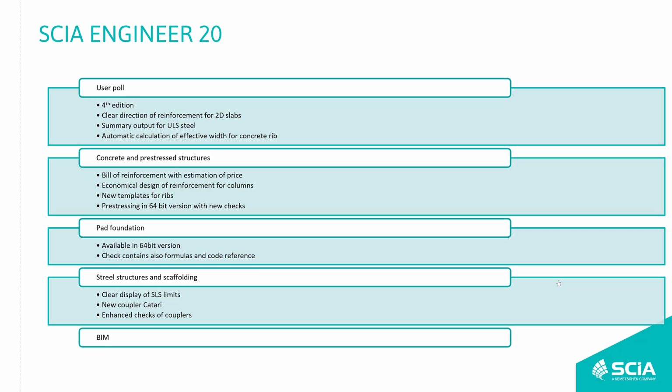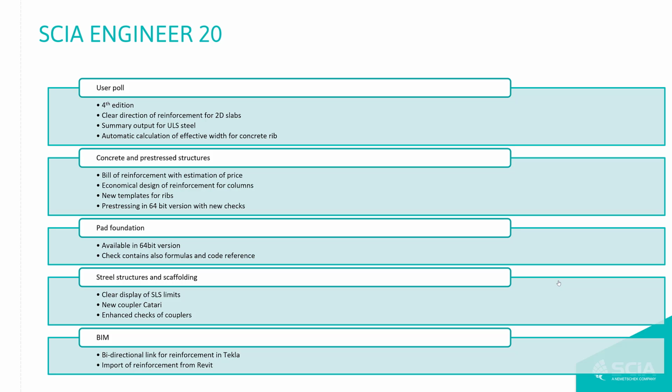Steel structures. That was a very quick and simple, clear display of SLS limits, so that you can see which coefficients for calculation of the limit deflections are used. In the case of scaffolding, I told you that we have a new type of coupler, the Qatari one, and enhanced checks of couplers, not just with extending of interaction check 3, but also the enhancement of the calculation report with formulas and references.